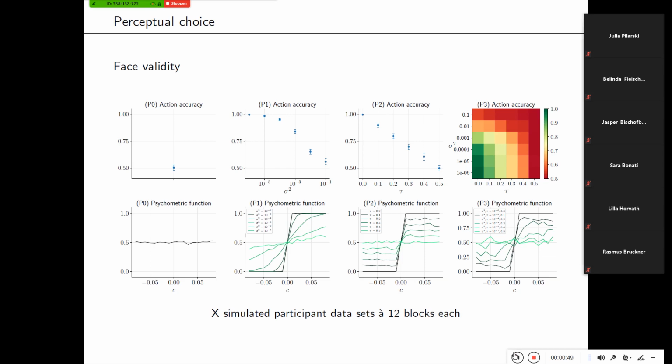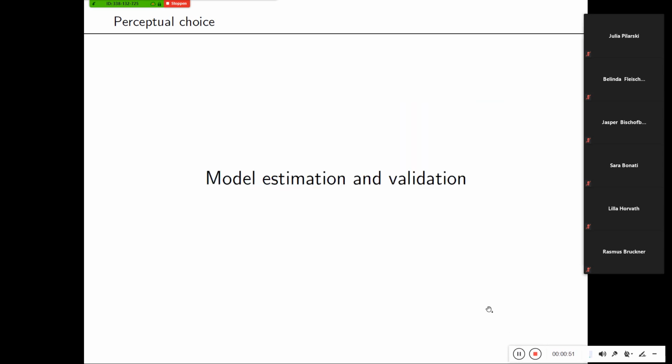And so the remaining part for today would first talk about model estimation and also validation, by which I mean to look at how well we can actually recover both our parameters and models, and then in the very end to apply the formulated model to the data in this perceptual choice task that I showed you in the very beginning.